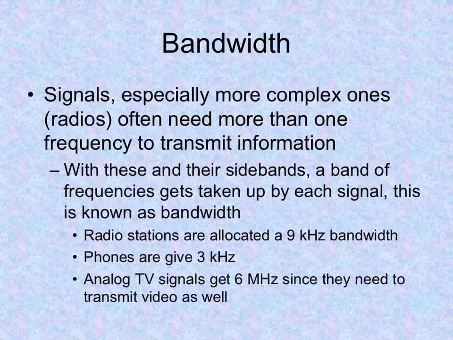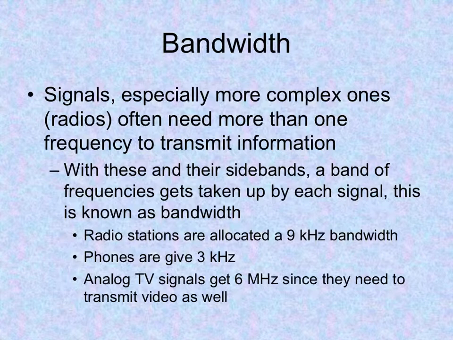And so with this, that means that because of the sidebands, you have to actually have more than just the frequency at which you're transmitting. You have to have what's called a bandwidth. And that bandwidth has to encompass both the carrier frequency and the sidebands for any given radio station, if we're talking about radio stations, frequencies, so that they don't overlap, so they don't interfere with each other.